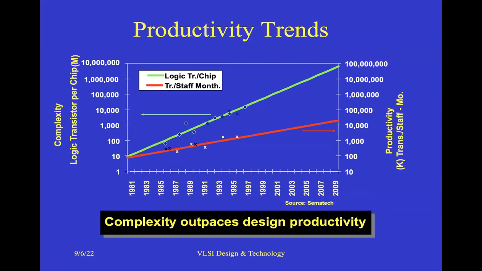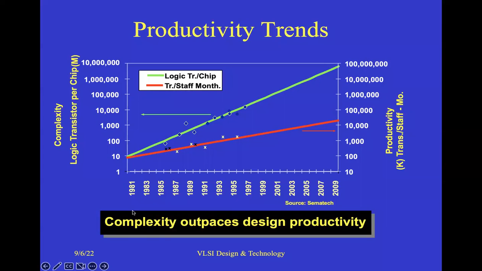Okay. Now, with respect to complexity and the years, okay. Here you can see that the green line suggests the logical transistors per chip, and the red one refers to transistors per staff month. Okay, how much it needs.